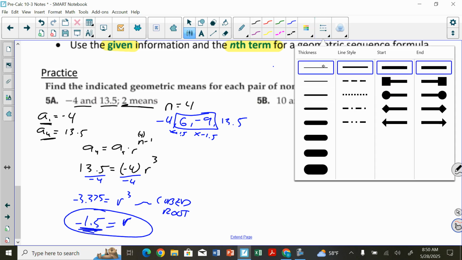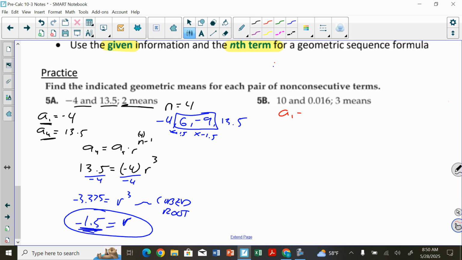Again, all I need is the same formula. So a1 equals 10. n is equal to 5 now because I have 1, 2, 3, and then 4, 5 terms. And I know that my fifth term, a sub 5, is going to be 0.016. So I have enough information to plug this in.